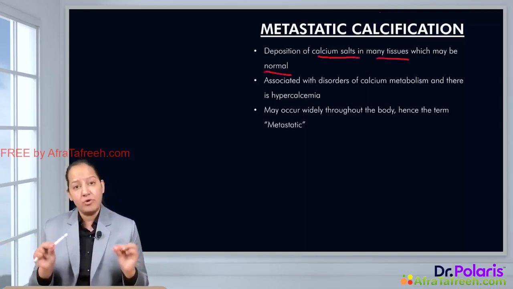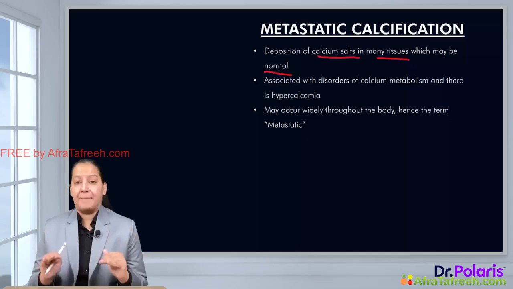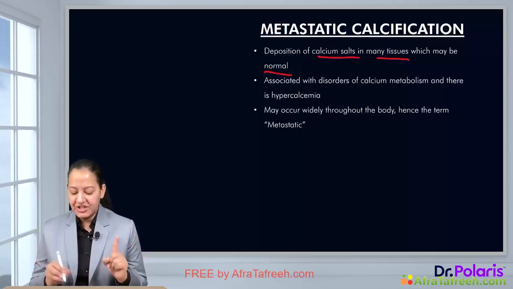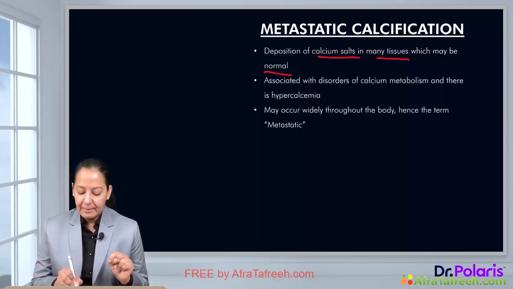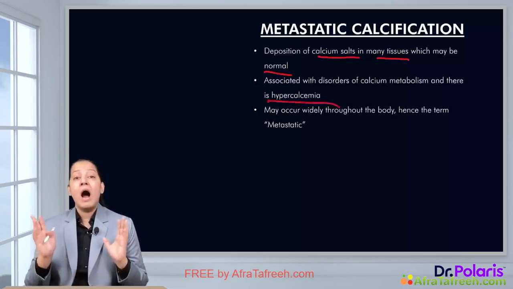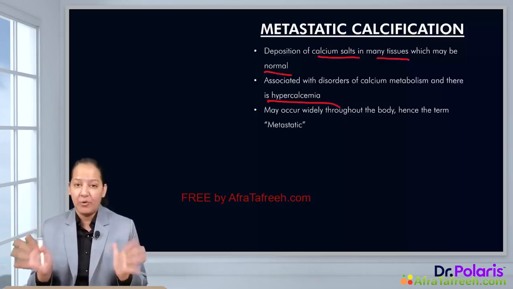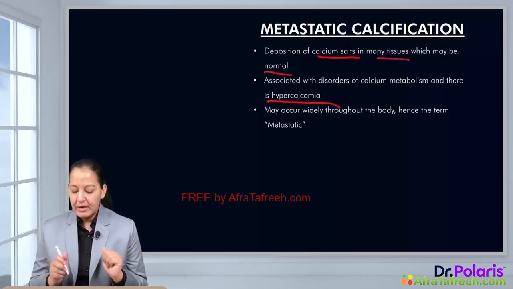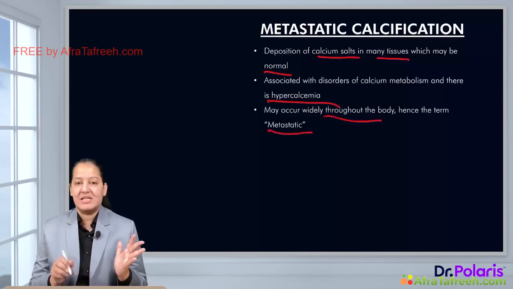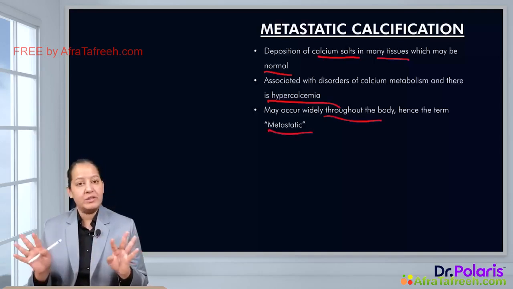But here the blood concentration of calcium is high, that is, the patient has hypercalcemia. Calcium metabolism in the blood is deranged. This is the problem here. It can occur throughout the body, that's why it is known as metastatic. It has nothing to do with tumors, that is, benign and malignant metastatic tumors.